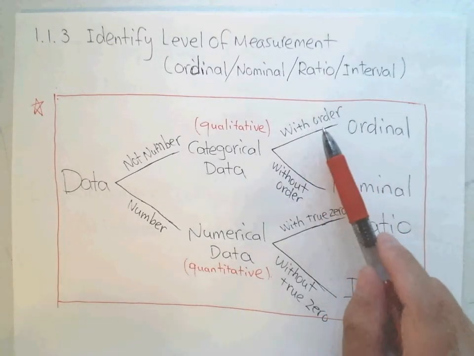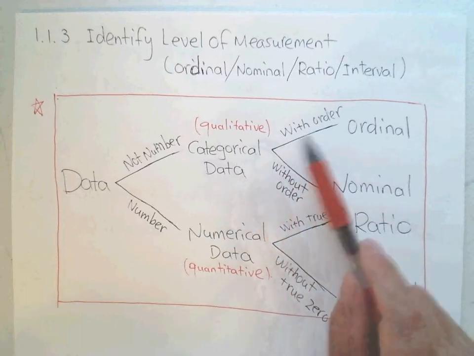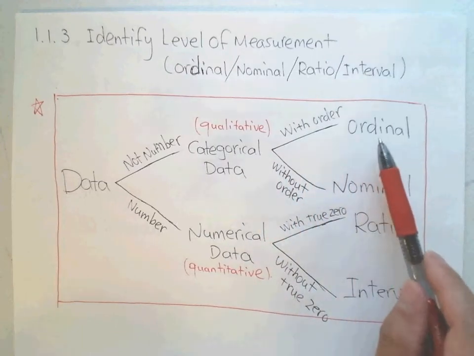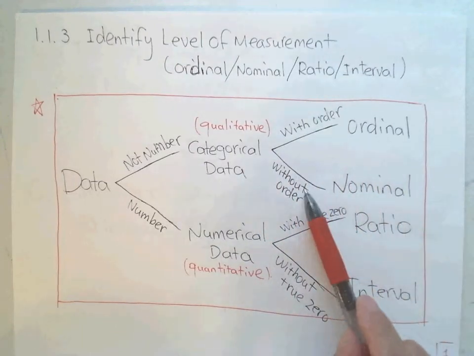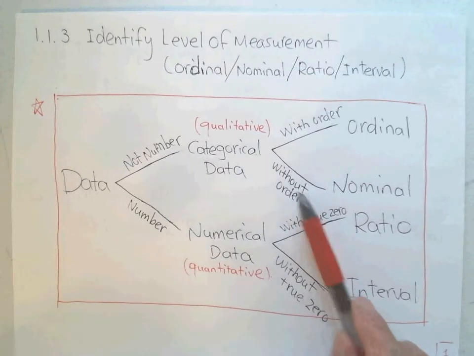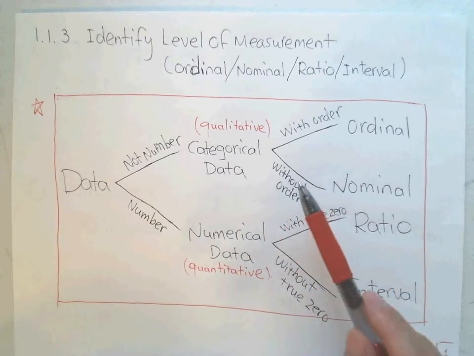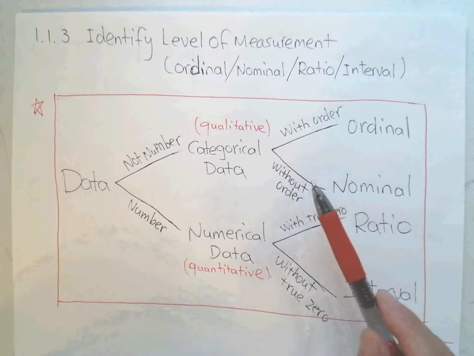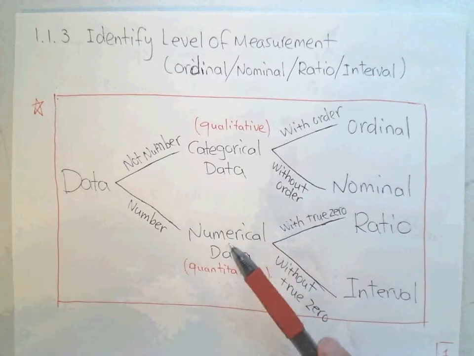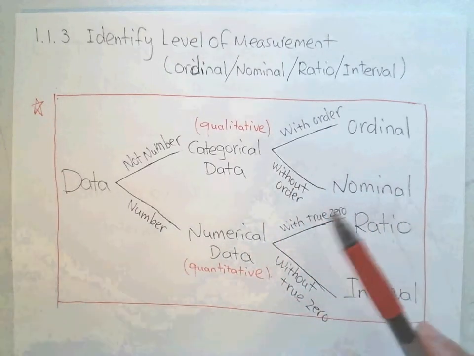Any category data that can be ordered, we call ordinal. Another type cannot be ordered, like gender, male and female. No one says which one comes first, so we call that nominal data. Category data has these two.